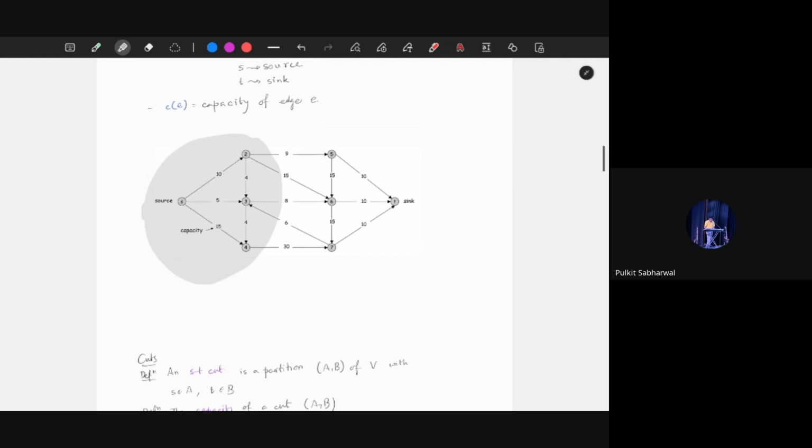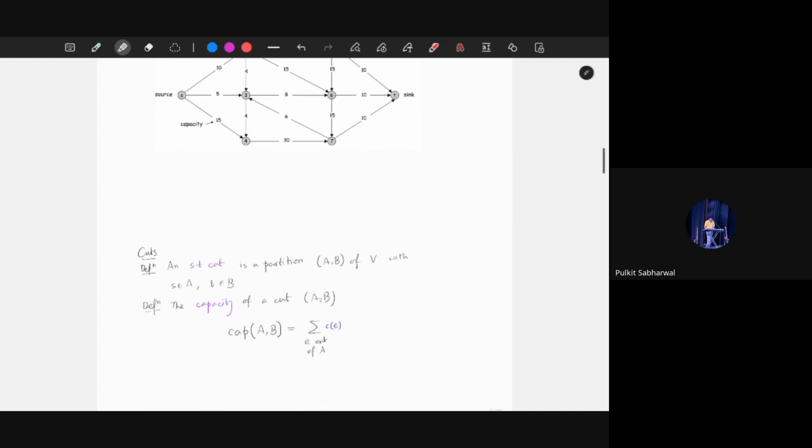So cut means basically we separate the network into two distinct parts, to actually partition the network, so that in one part there is a source and in the other part the sink is there.